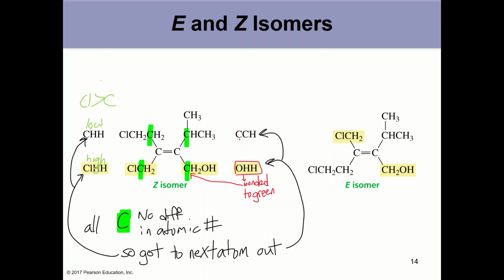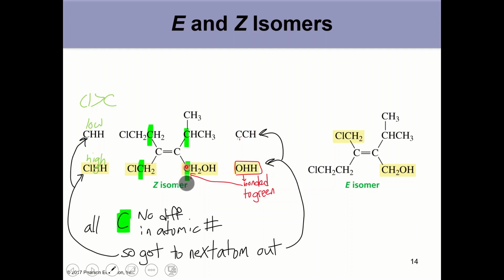Now that we've determined one vinyl carbon, we have to look at the other vinyl carbon. The atoms bonded to the green carbon are carbon, carbon, and hydrogen, as stated at the side.